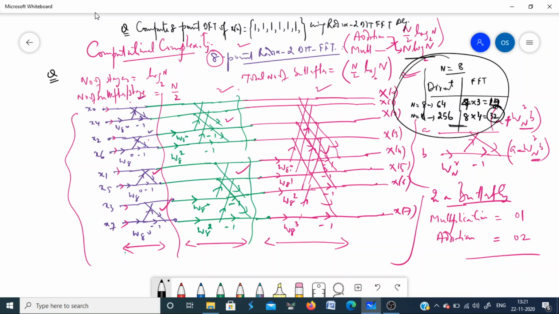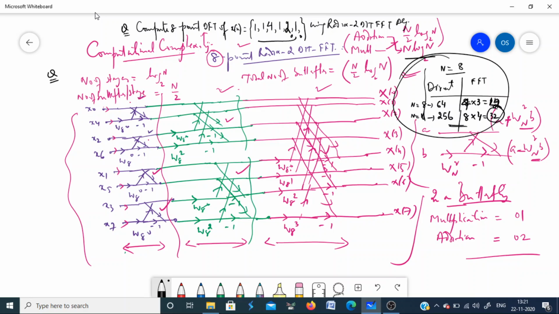I have given you only 6 samples, but you have to compute the 8-point DFT. Or in between you can change some values. Suppose this is 4, this is suppose 2. So first you have to use zero padding.